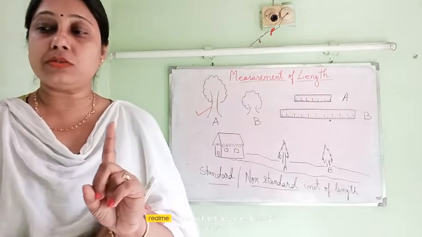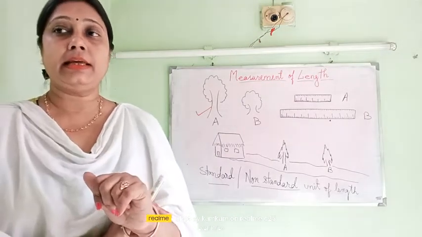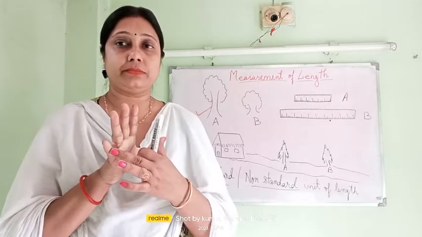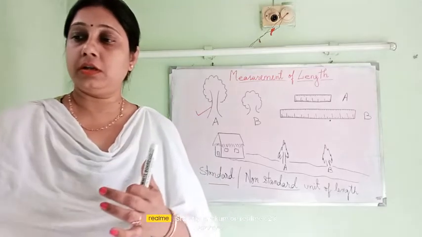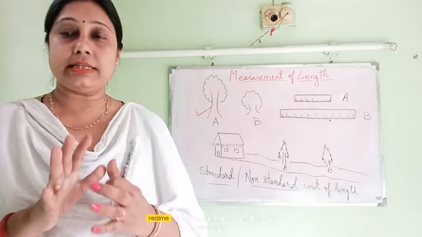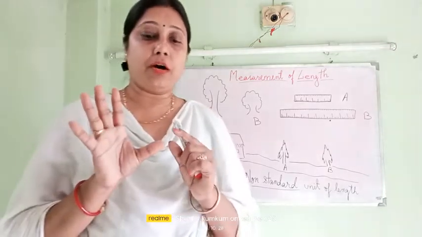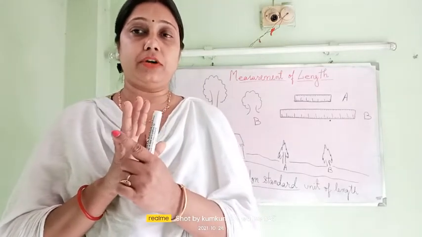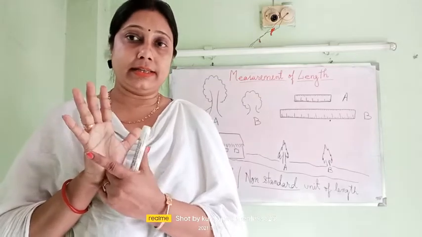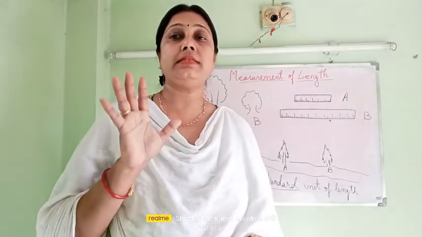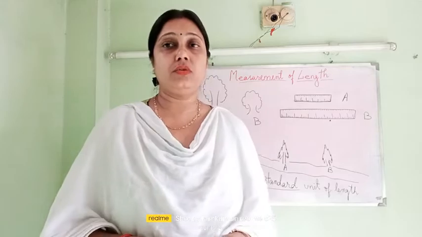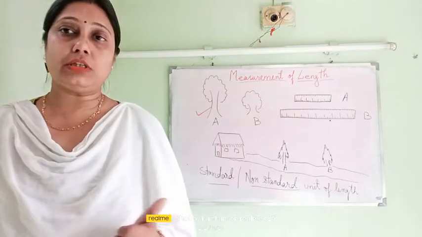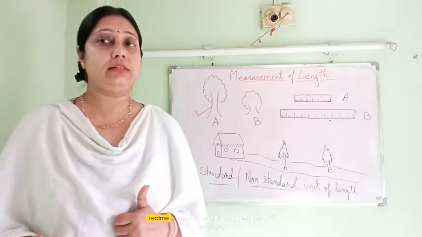Finger, already you understood. And another one is the hand span. From the tip of your thumb to the tip of your little finger, the distance between them is known as hand span. So these are some of the body parts which people use to measure things.